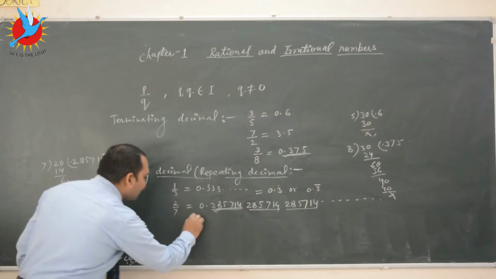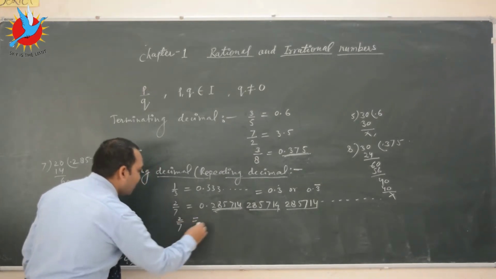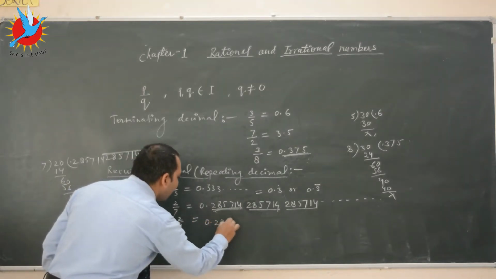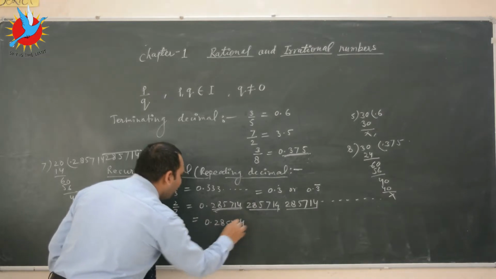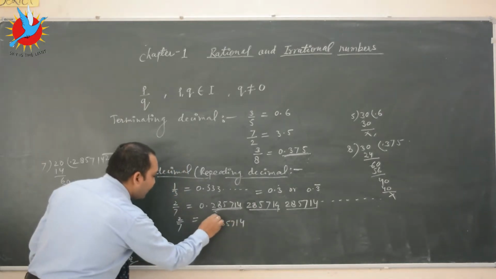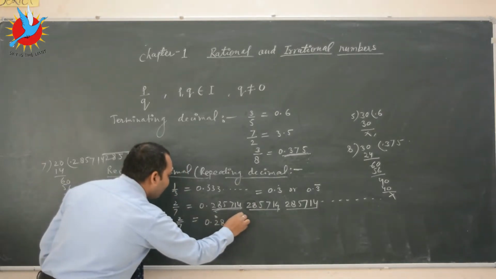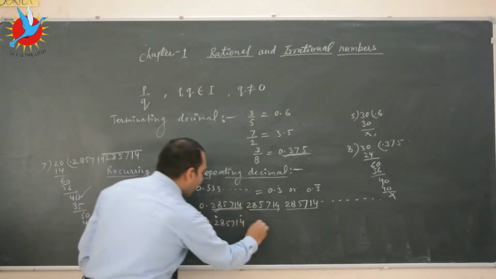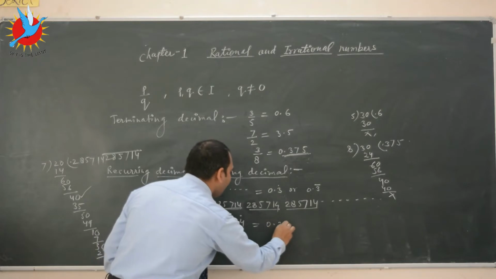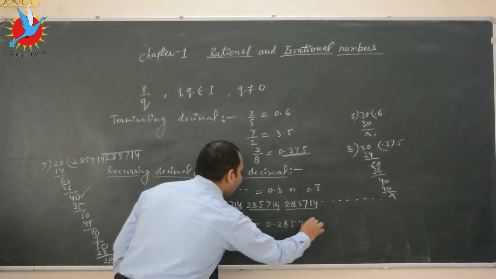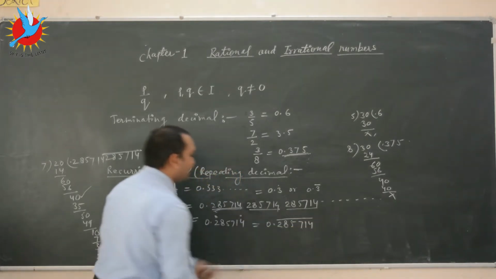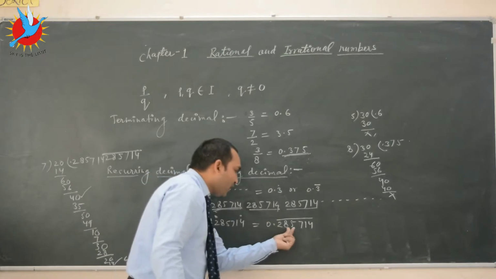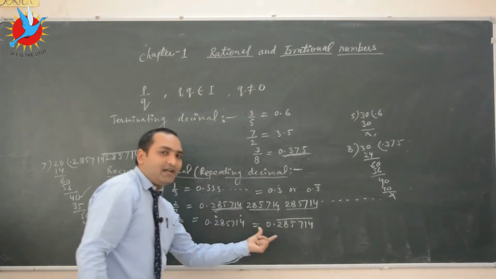So 2 upon 7 can be written as 0.285714. Either we write a dot on the first and last digit, or directly we write a bar over 285714. So this 285714 is repeating continuously.